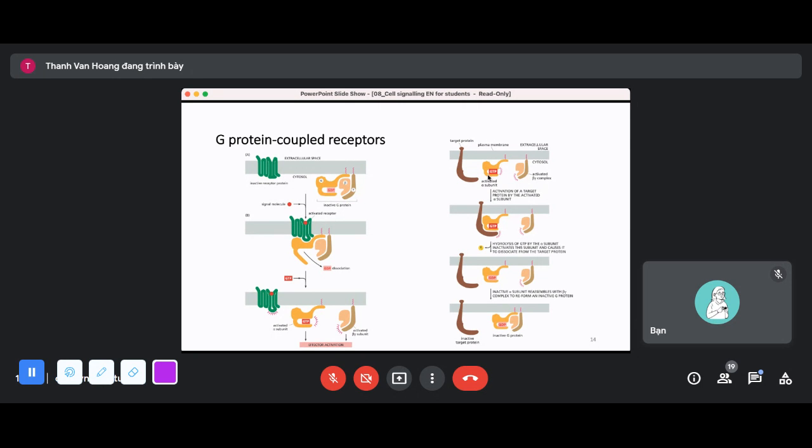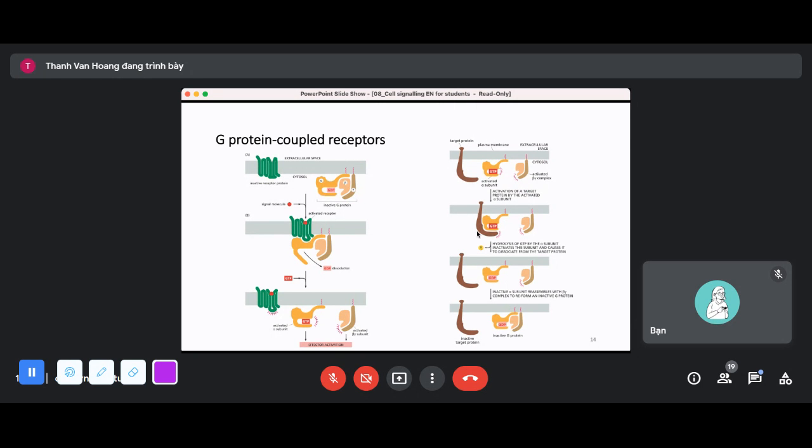Here, as you can see, the active GTP-bound alpha subunit can activate or regulate the target genes. And when it activates the target genes, the GTP is hydrolyzed into GDP again, and it goes from the active form back to an inactive form.